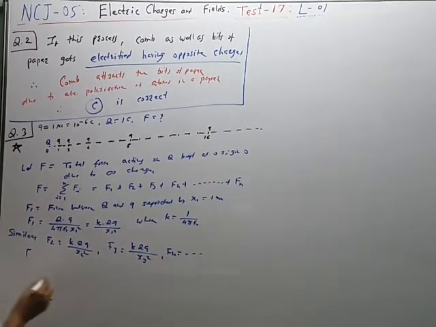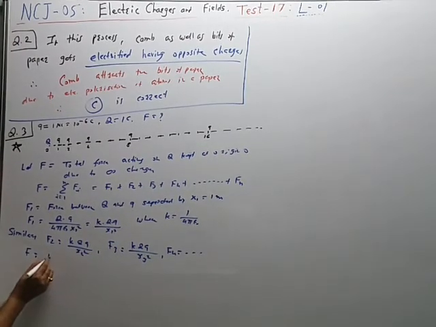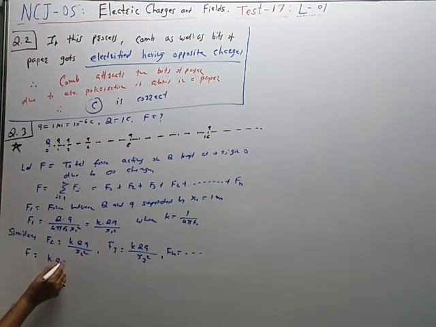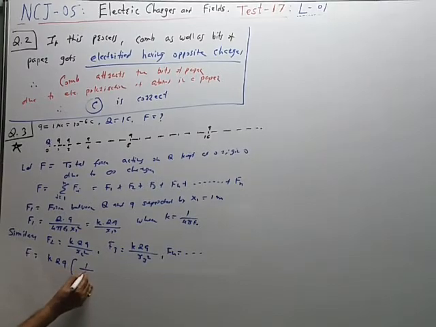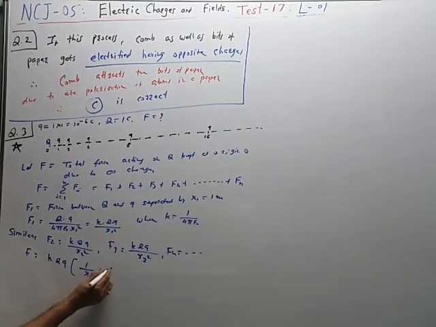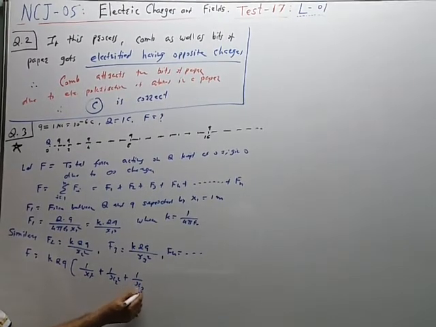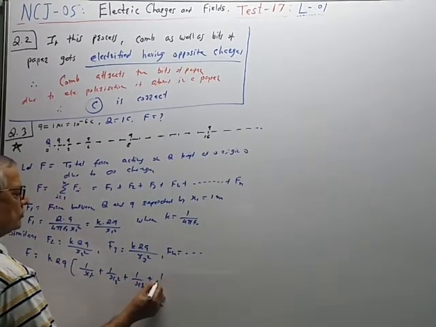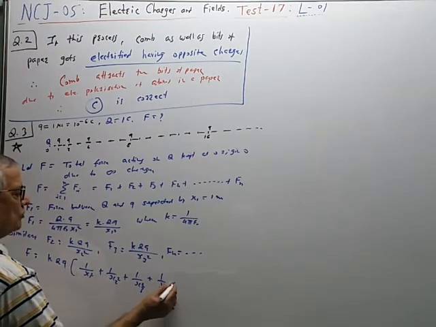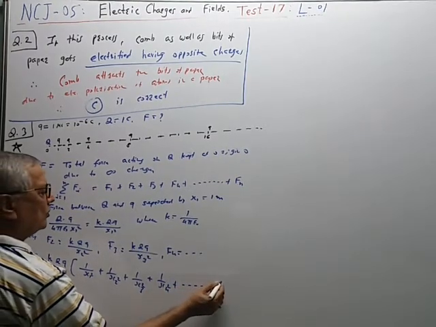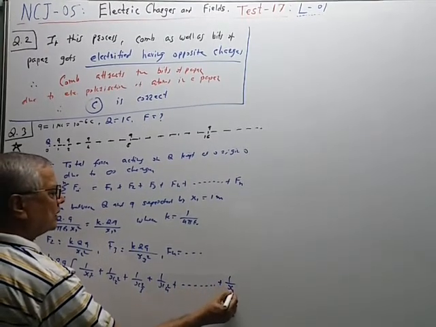F4 is equal to, etcetera. Therefore, F is equal to k common, Q q common into bracket 1 upon x1 square plus 1 upon x2 square plus 1 upon x3 square plus 1 upon x4 square plus 1 upon xn square.